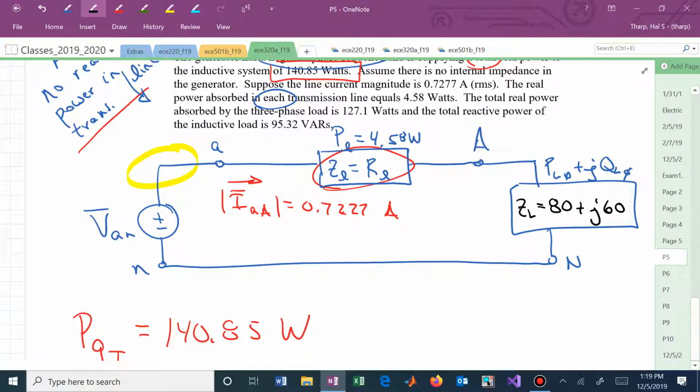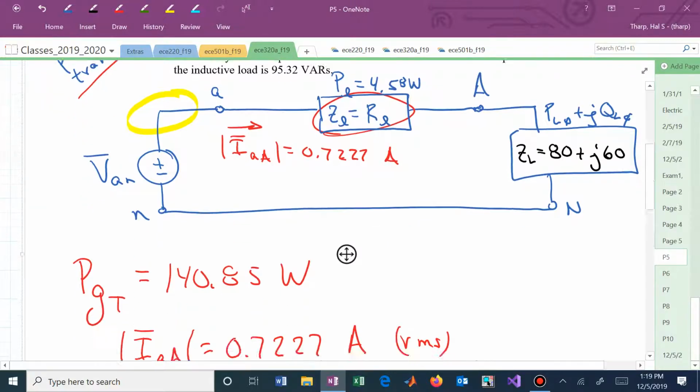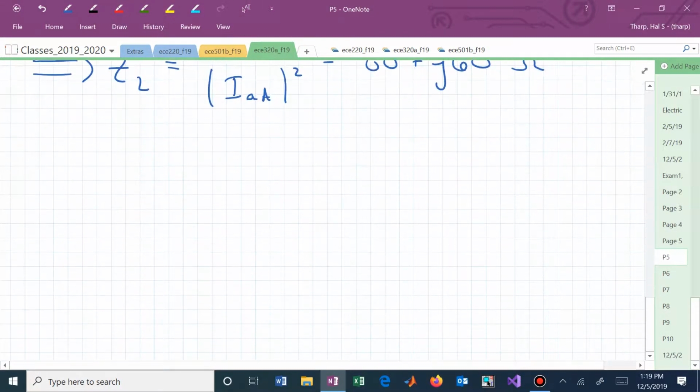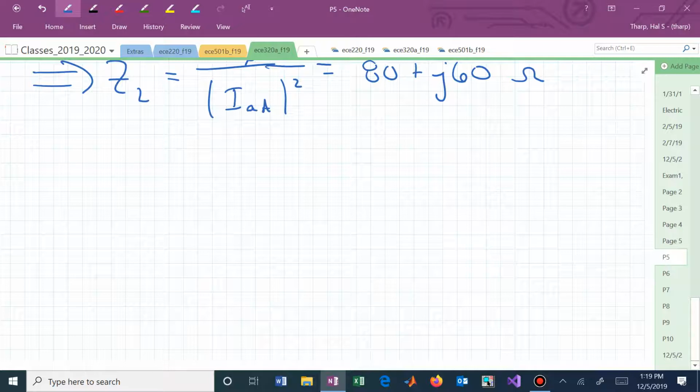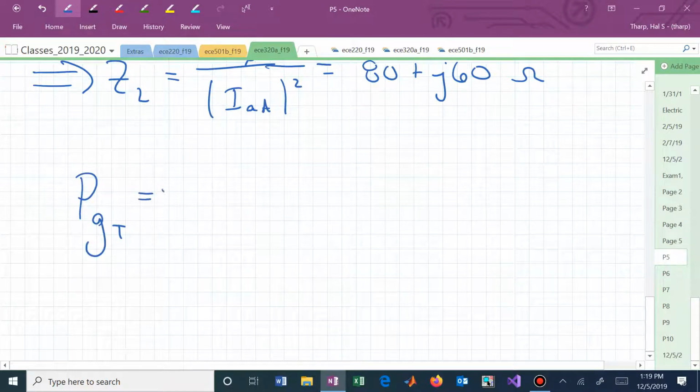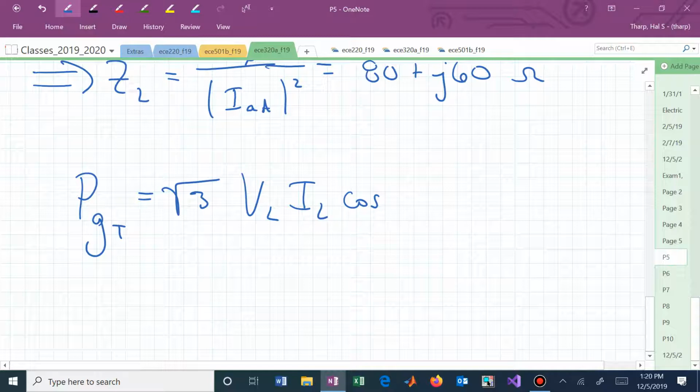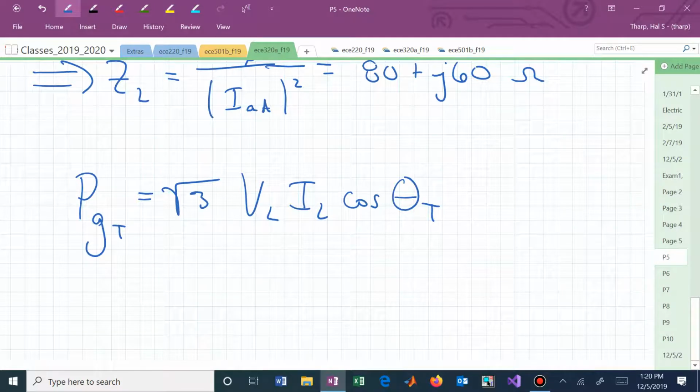And that was one of the reasons we derived that one formula in terms of all of these line quantities. We now know that for total three-phase real power, this is the square root of 3 V line, I line, cosine of theta total. Do we know the cosine of theta total?